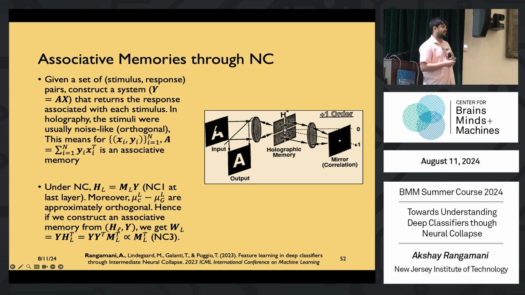In this sense, the classifiers, or probably any model that you learn with gradient descent, you can think of as a series of associative memories. If you do a simple computation about the features and the weights, the associative memory solution is exactly the solution that you get from NC3.